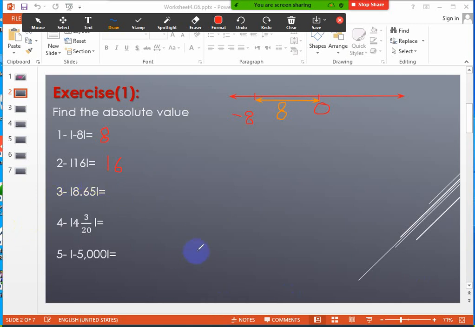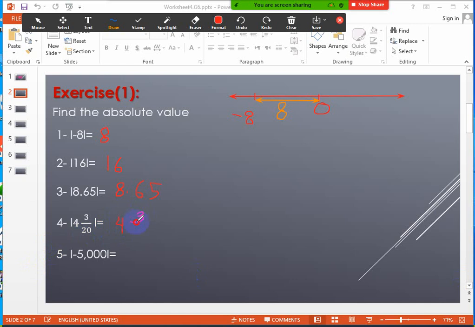Now, the absolute value for 8.65, Jannah Muhammad. Yes, the absolute value for 8.65. It's 8.65. Very good. The same number. Thank you, Jannah. Yes, Lara. The absolute value for 4 and 3 over 20. 4 and 3 over 20.